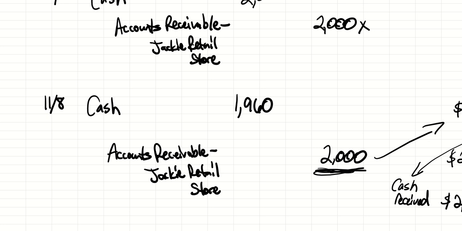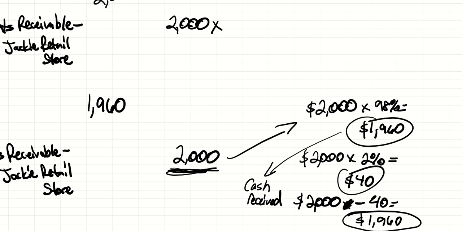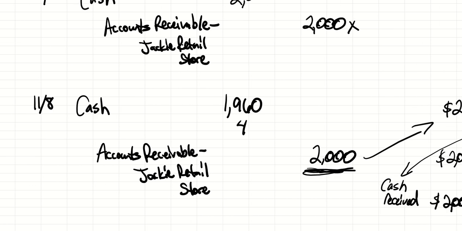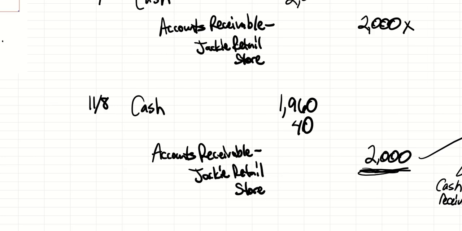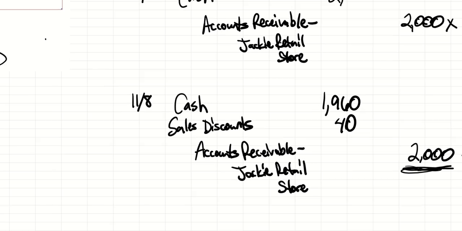So yes, there is a difference. We got 1,960 on the debit side, 2,000 on the credit side, which means that this $40 difference here is going to be debited to an account called sales discounts. Okay, what type of account is sales discounts?